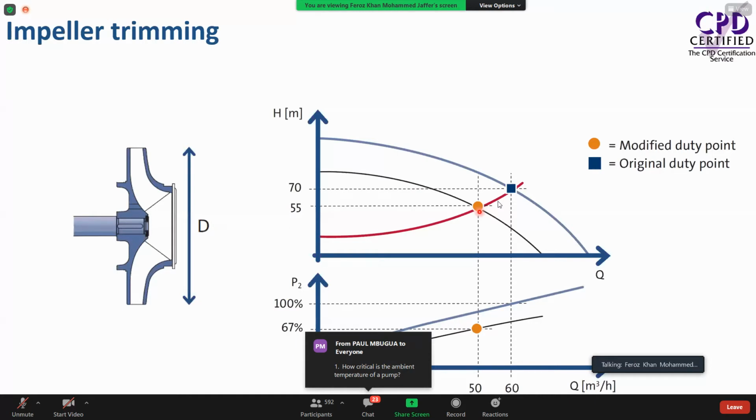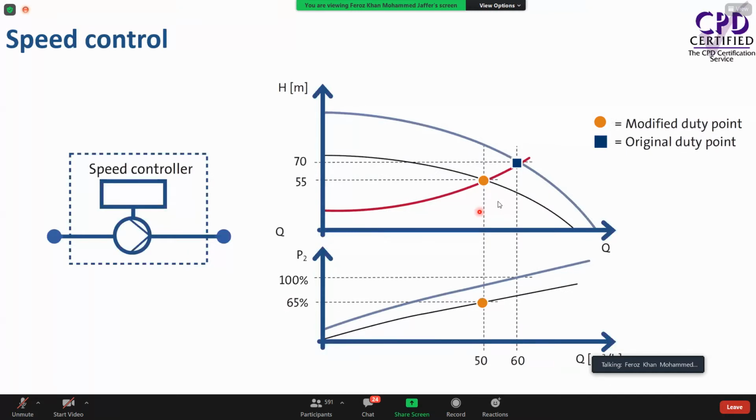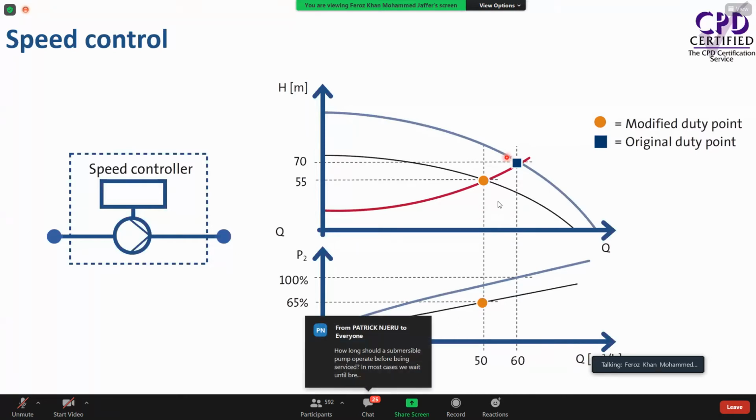Then the last method is speed control. This is, I can say, the most modern method, because when we trim the impeller, if you want to go back to the previous duty point, it's not possible. We may need to change the complete impeller. In this method, we are changing the pump performance, as you can see from the slide.